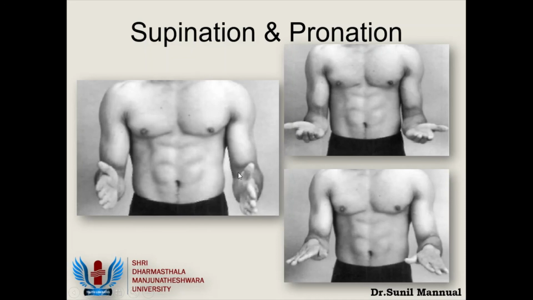As you can see, this picture is perfect, this picture is not perfect, and this picture is also not perfect. When he went into pronation, he actually slightly took off his elbow from the side of the body. So I just want you to understand once again that whenever you are checking for supination and pronation, the medial part of the elbow should be in contact with the body.